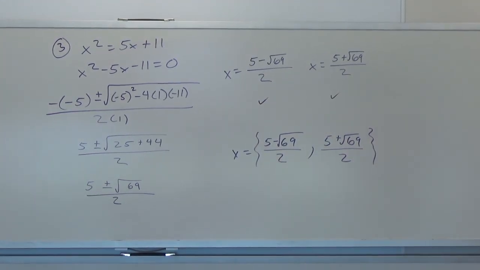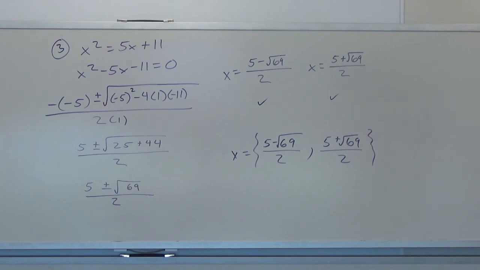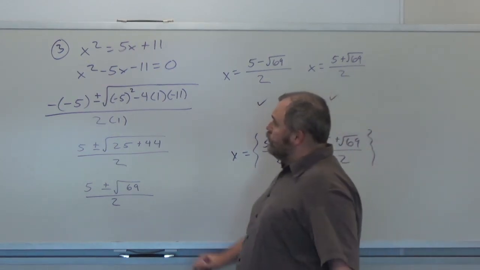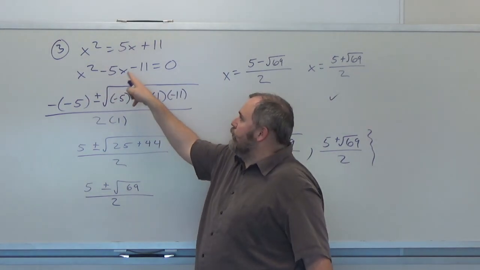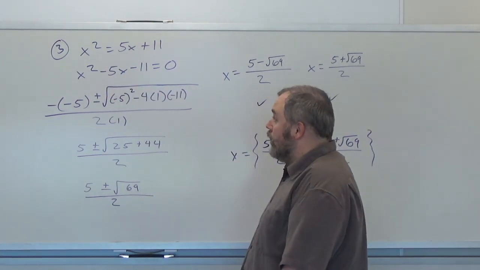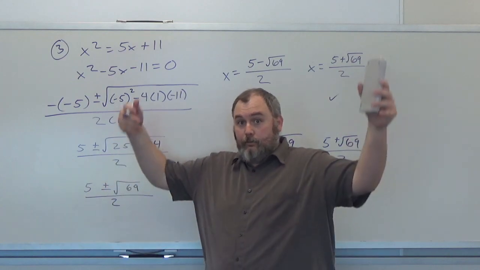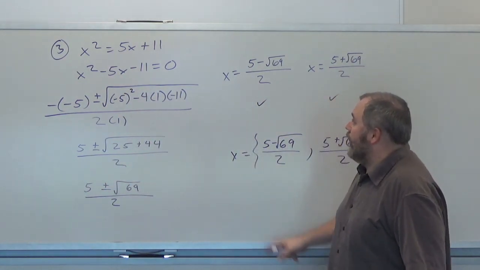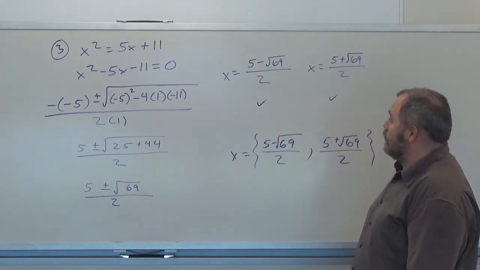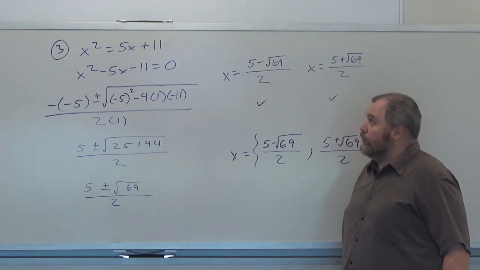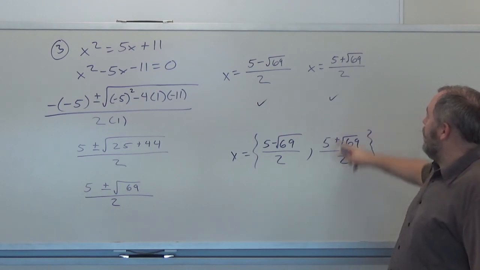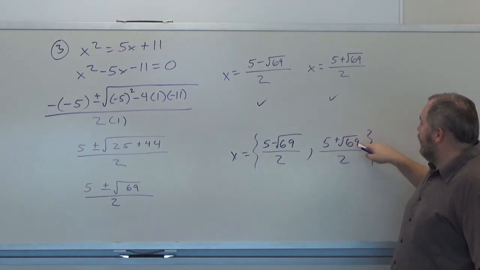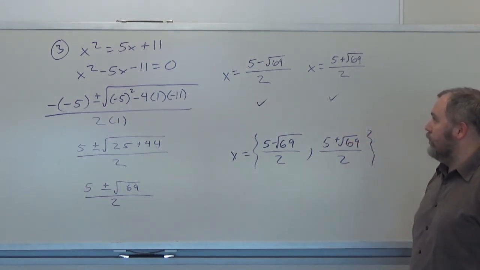All right, number 3: x squared equals 5x plus 11. Your job is to get it equal to 0, so you should have rewritten x squared minus 5x minus 11 equals 0. Then do the quadratic formula song and plug in your values. You should have got that x is equal to 5 minus the square root of 69 divided by 2, and 5 plus the square root of 69 divided by 2.